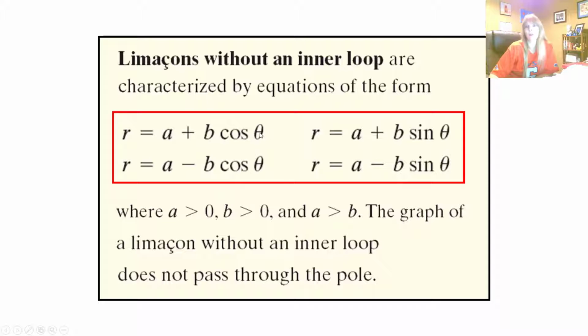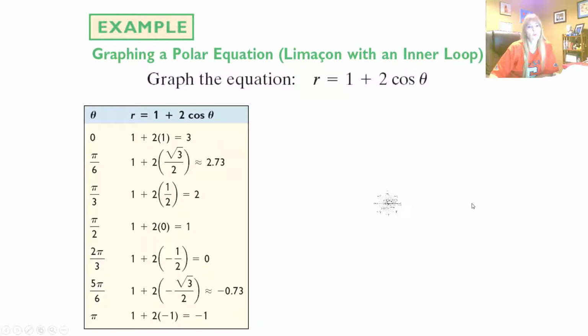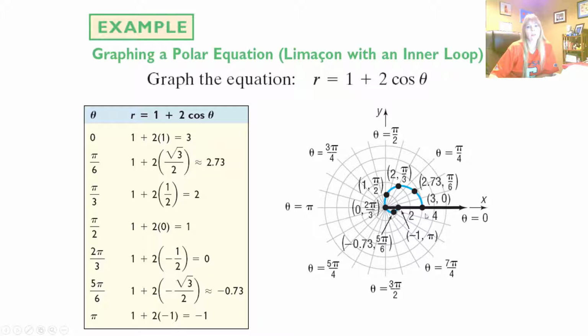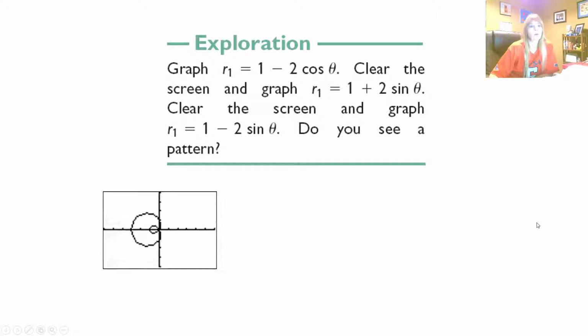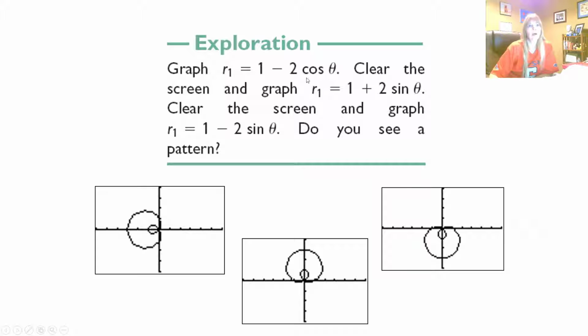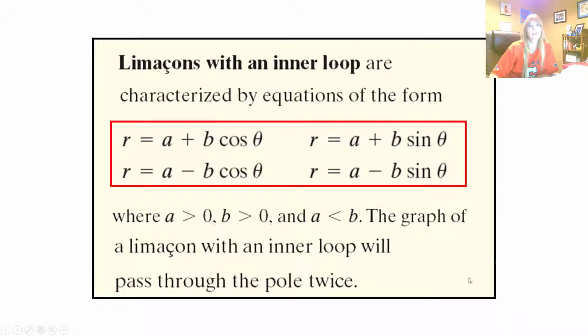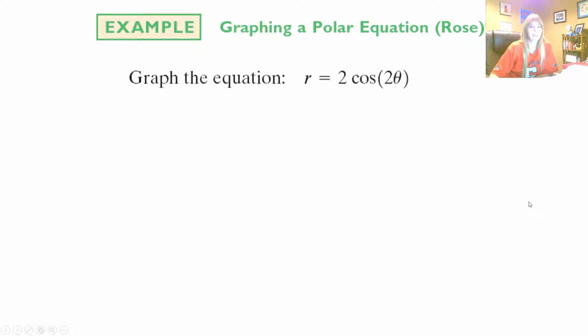This is what the equations look like. The next one has an inner loop, so in other words this one does a loop-de-loop and a little circle there. Once again, based on changing negatives and positives and sines and cosines, it gives you these types of graphs.